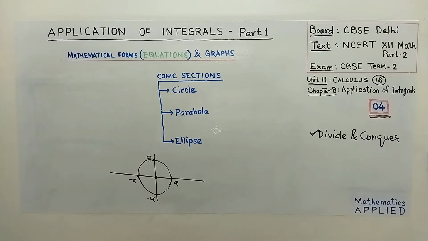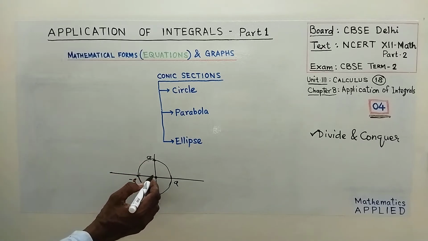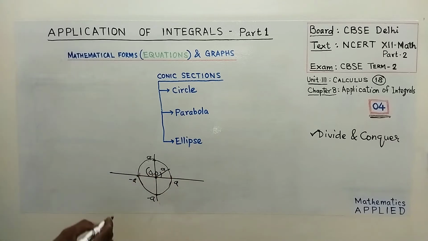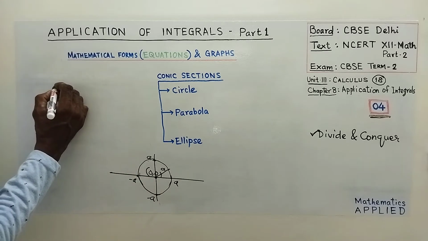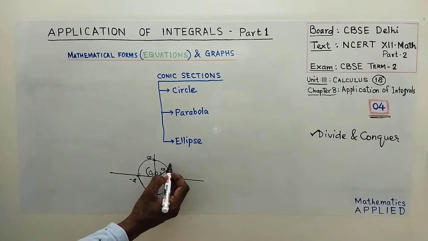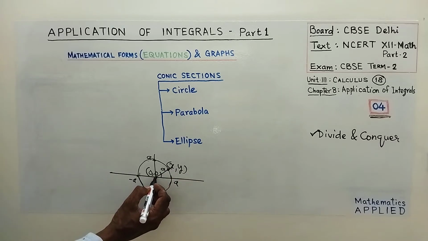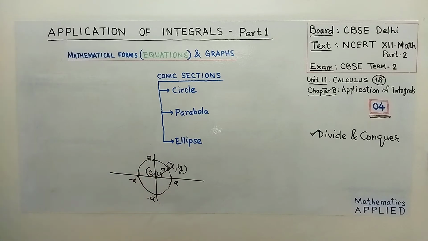This is a standard circle whose center is 0, 0 and whose radius is a. We give the equation for such a circle because you take an arbitrary point x, y, and the distance from this point to the center is always constant. That is the logic for drawing the circle.